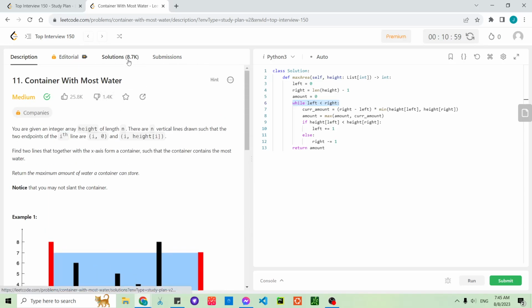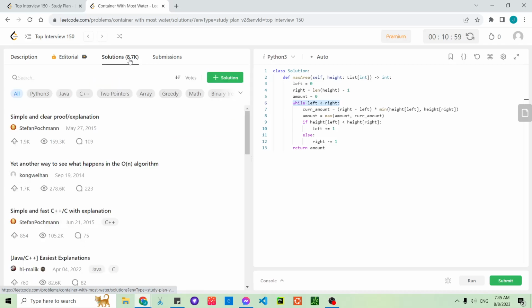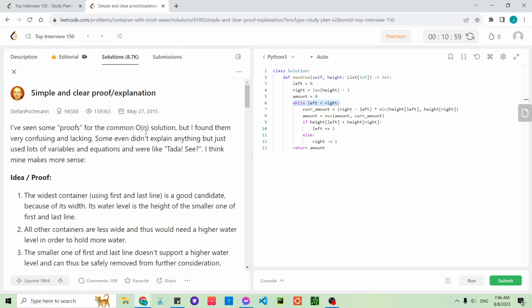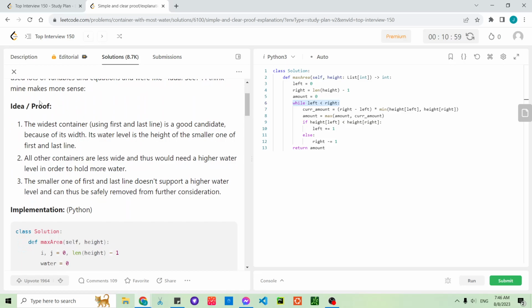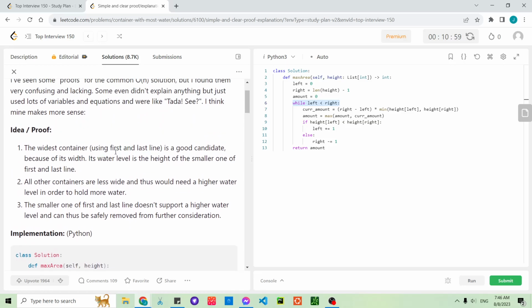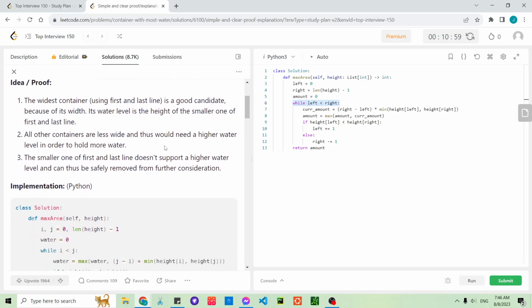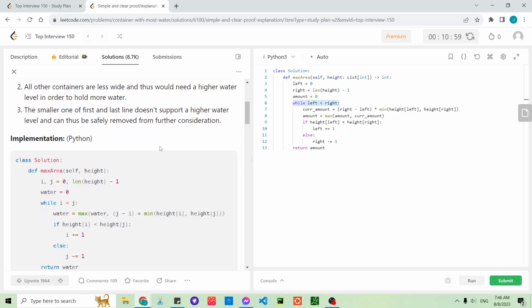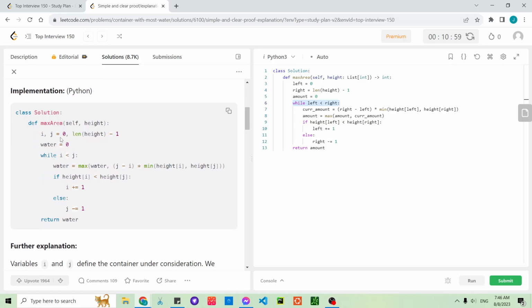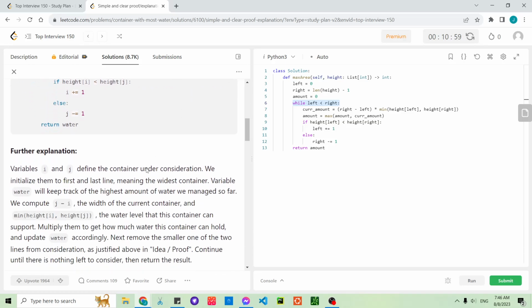Okay, let's see if we can find some explanations for the case when left and right have the same value. Simple and clear proof and explanation. Okay, same exact algorithm.